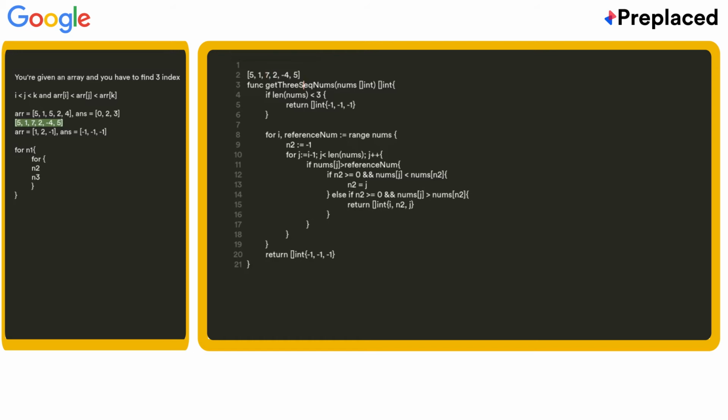So it will come back to the outer loop, and it will select 1.